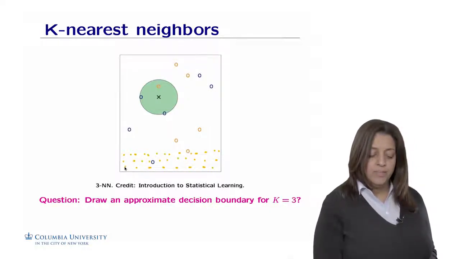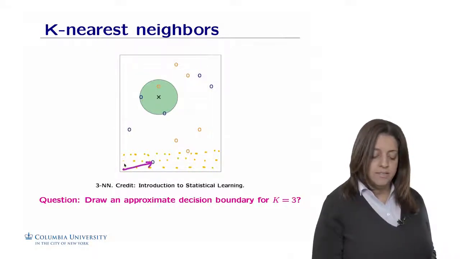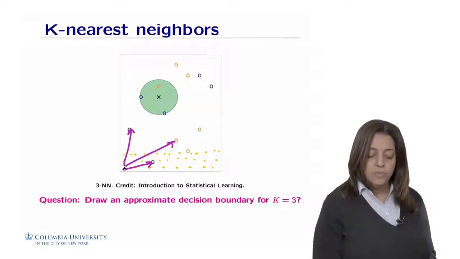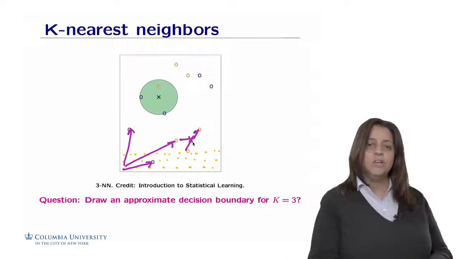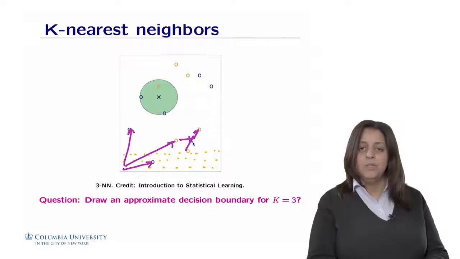So if I look at this point here, it looks like the nearest neighbors of this point would be this point, this point, and this point, so this point would be classified as blue. If I take a point here, the nearest neighbors will be this one and this one, and I would predict that this point is orange. So I could do that for a grid of points.